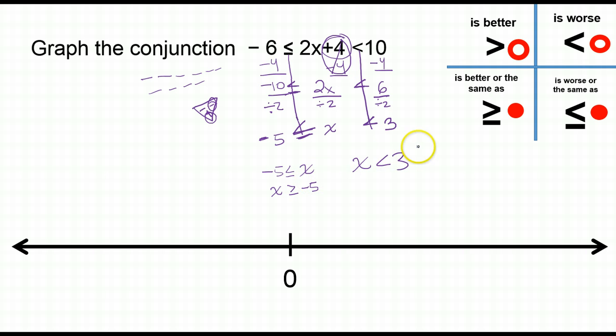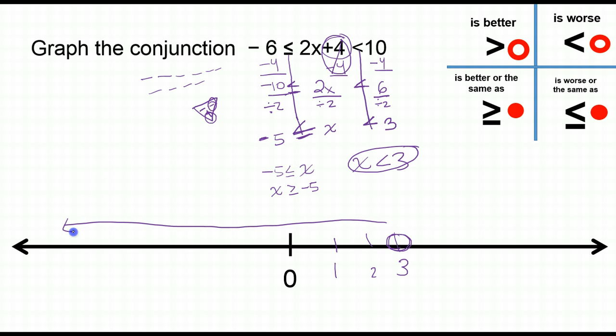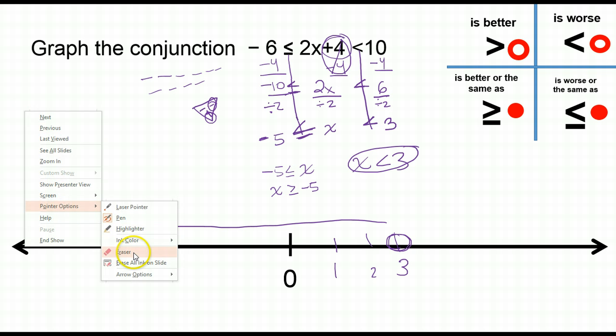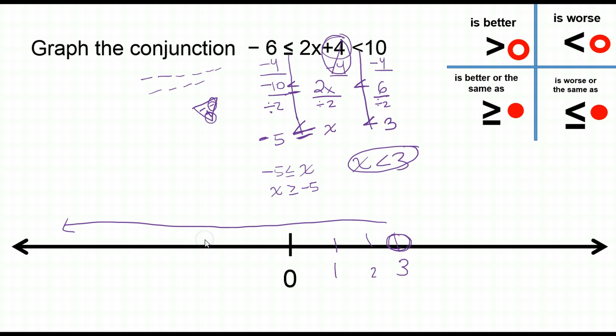So let me start graphing these. I'll start with the easier one, the positive one. X is less than 3. So again, open or filled in? Open. What are some numbers that are less than 3? Well, 2, 1, all the negative numbers going that way. And let's do the next one, which is negative 5. So that's 1, 2, 3, 4, 5. Negative 5.